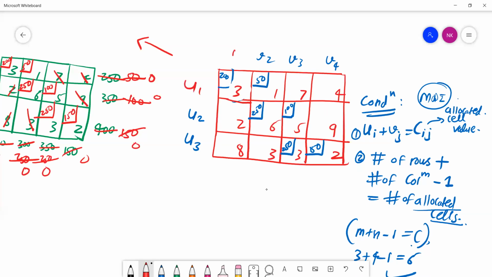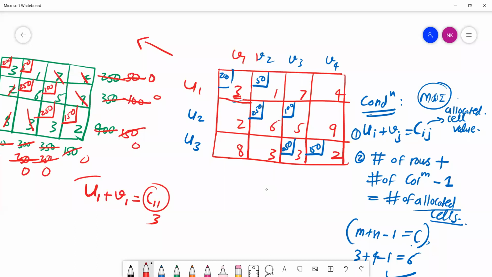So what it means is that U1 plus V1 equal to Cij. This is the condition that you need to follow. What is U1? We will be looking into it. What is V1? We will be looking into it. Then C11. This C11 is given to you as the first column, that is 3.